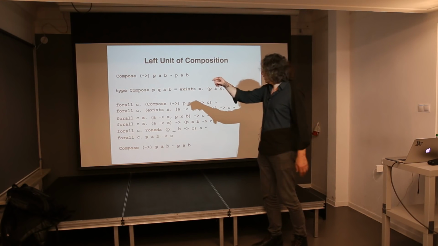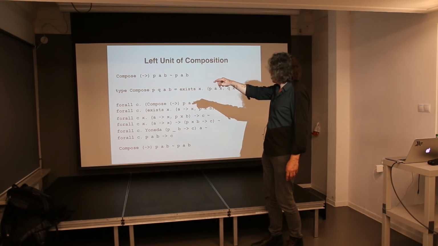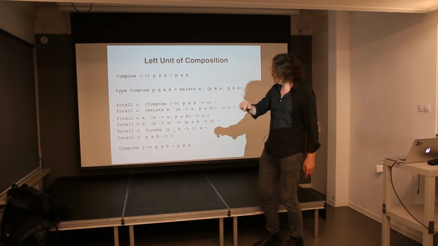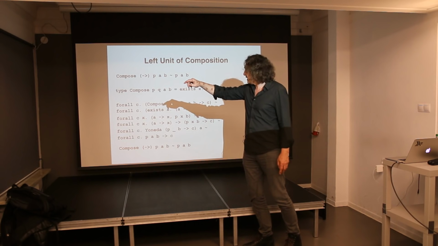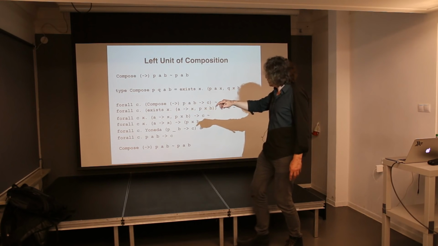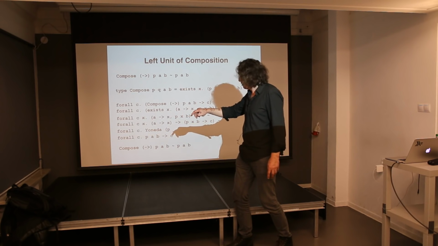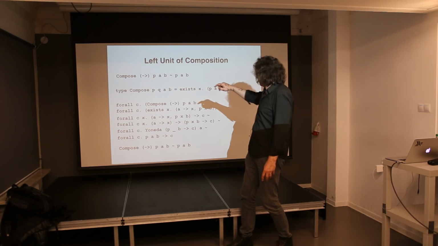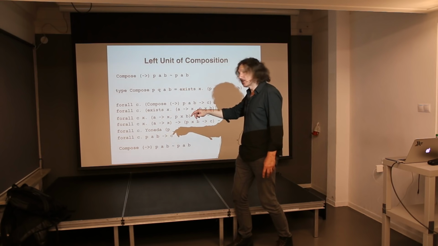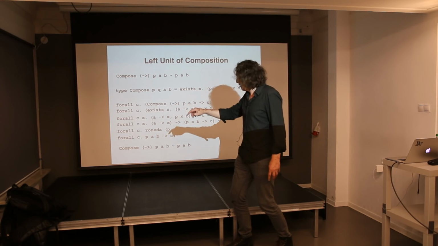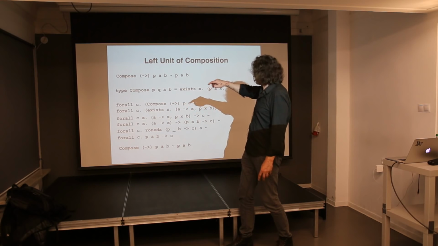I'm just looking at functions that take this thing and produce some C, an arbitrary C. So for all C, take a function from this guy to C, and at the end show that this actually produces a function from P A B to C. So if this function to C is equivalent to the function from P A B to C, then P A B must be equivalent to this guy.